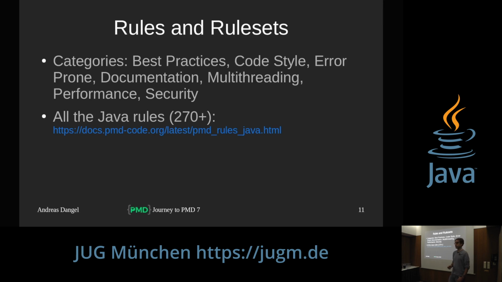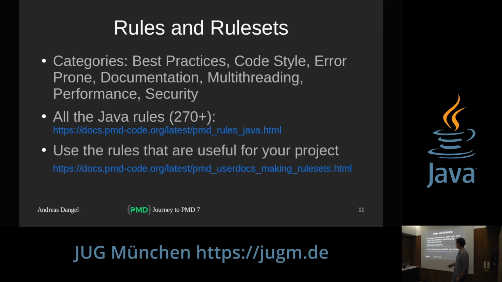These are very many, so you wouldn't use all at once. And some rules also contradict each other, so you can't use everything at the same time. The way to go is you create your own rule set and pick the rules that are useful for you. And when you have your own rule set, you also can configure the rules. Some rules have properties, so you can adjust them to your needs.